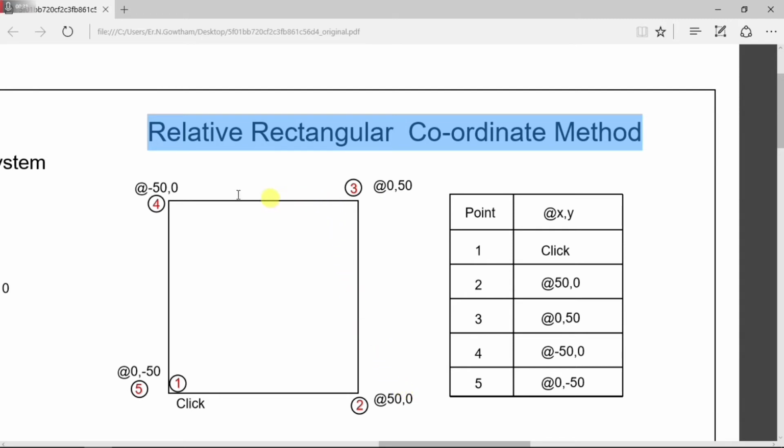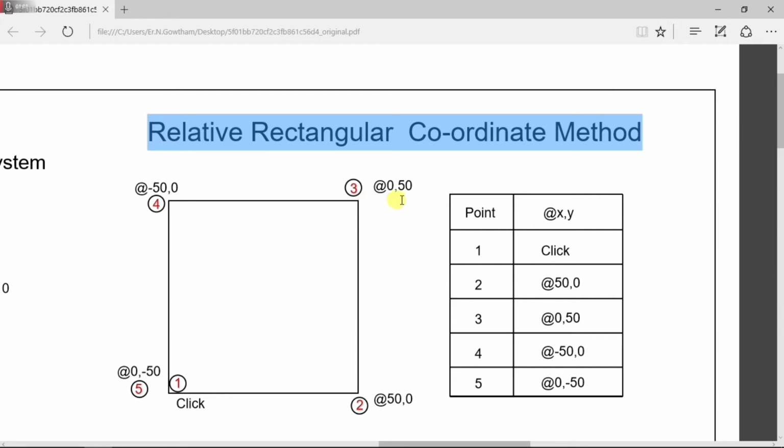Likewise, we measure every point with reference to the previous point, right? The syntax for this method is @x, y. That is, we have to place the at symbol before the x value. You start a point anywhere by clicking the mouse or even entering the coordinates. And then for the second point, the x distance is 50, so we enter @50, 0.